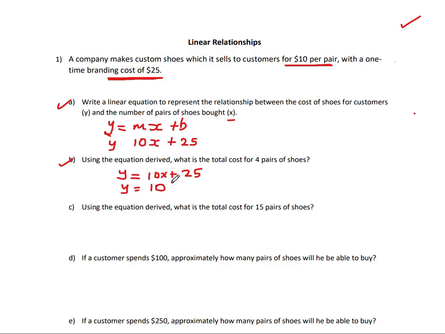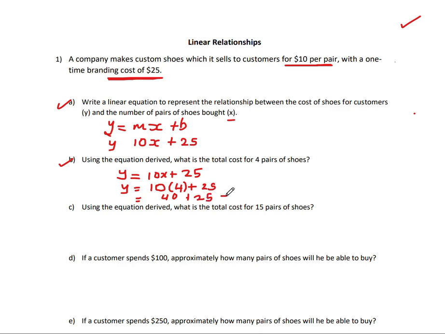So pretty much what we'll do here is to just replace x, number of pairs of shoes bought, with 4. So it will be 10 multiplied by 4 plus 25. Now 10 multiplied by 4 here is going to give us 40. So 40 plus 25 is going to give us 65.